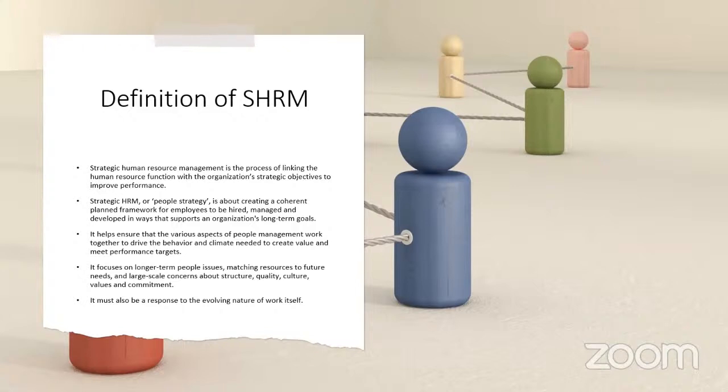In talking about situational factors, we have short-term situational factors, medium-term situational factors, and then we have long-term situational factors. So the longer our ability to forecast HR needs, the better for us. And as we forecast HR needs, we are not just forecasting HR needs with regard to a standard, let me use the word, standard work environment.